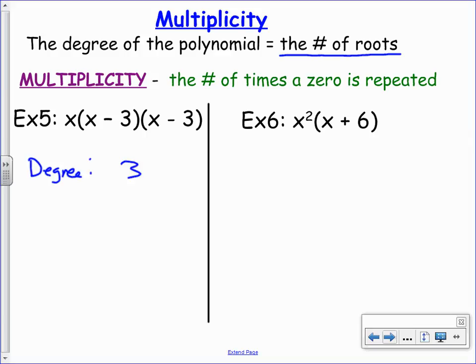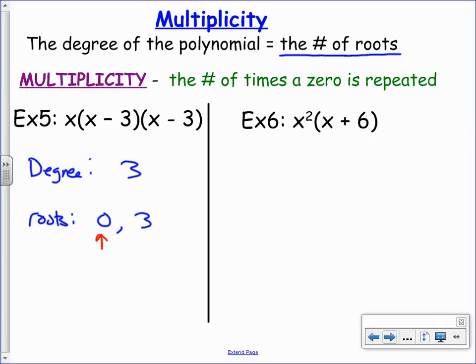There are 3 roots, so the degree is 3. The roots are 0 and 3. Right? 0, 3, and 3. Here's where multiplicity counts. How many roots are 0? 1.